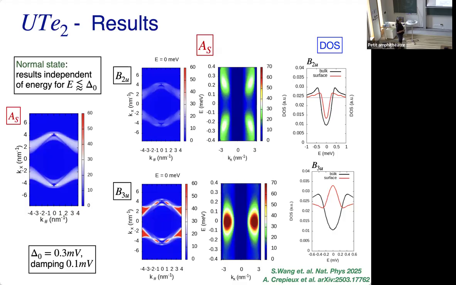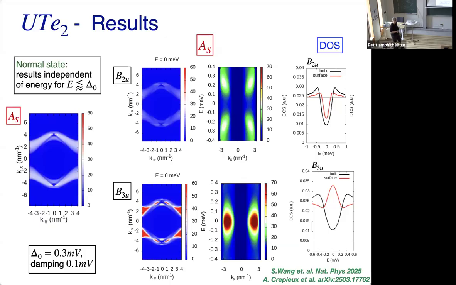B2U is not very interesting, but B3U is nice because you have a lot of intensity at zero. You have states which are really zero energy surface states. When you plot the dispersion with respect to energy, you see that they actually do have a peak at zero energy. So they are more or less localized around zero, and they tend to propagate a bit around zero. But I have to be honest, they are not exactly zero.